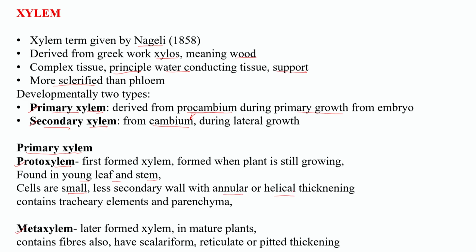When we were discussing deposition of secondary cell wall, we discussed that this cell wall will be deposited in various patterns, like a helical pattern. This is the primary cell wall, in which all around the cell, in helical fashion, the secondary cell wall will be deposited, or in annular fashion, then you will have helical fashion.